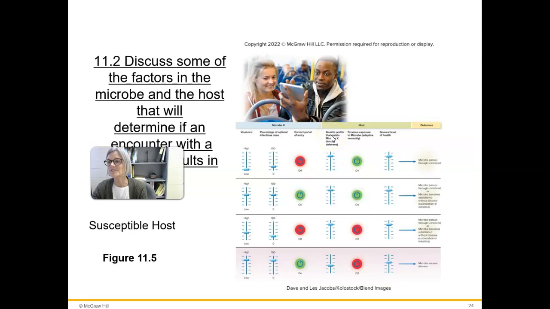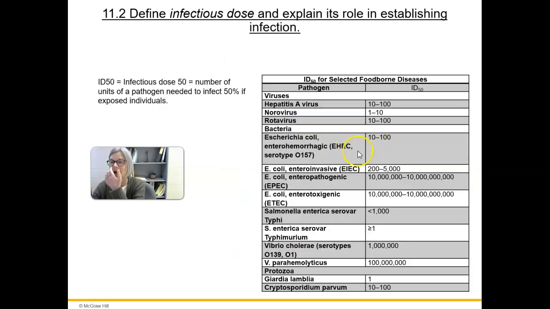If we look at some of the different kinds of E. coli, this one is a really bad foodborne E. coli that can cause kidney failure. And you can see it doesn't take very much of that EHEC E. coli to cause that foodborne illness.